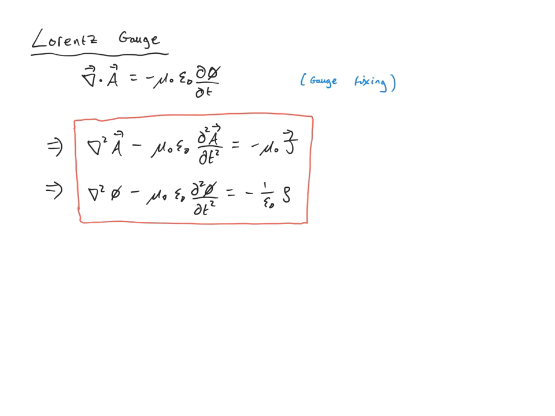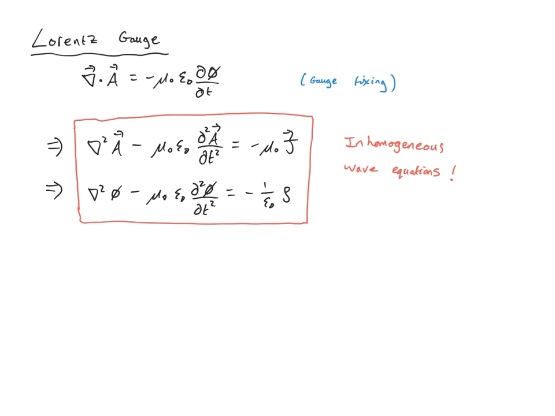We've reduced the original 8 scalar equations contained within Maxwell's equations here to 4 scalar equations. And furthermore, here we have a nice symmetry between these 2 equations, and they're both simply inhomogeneous wave equations, which we have the mathematical machinery to solve. The symmetry in the structure of these 2 equations is no accident, and we'll return to that again when we look at the theory of special relativity within electrodynamics.